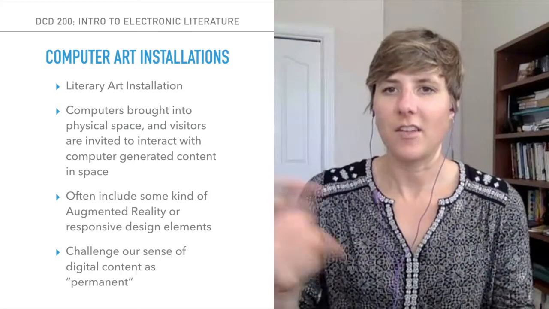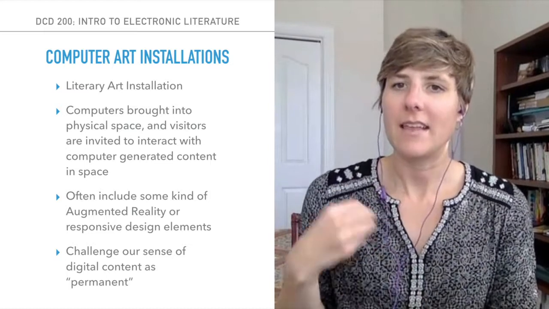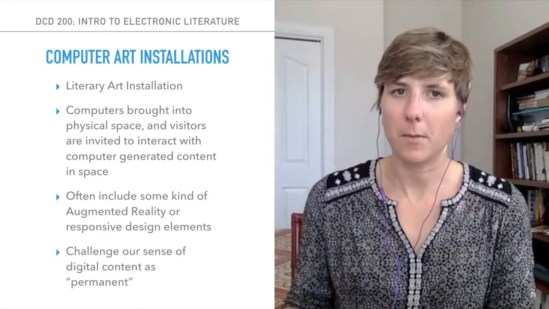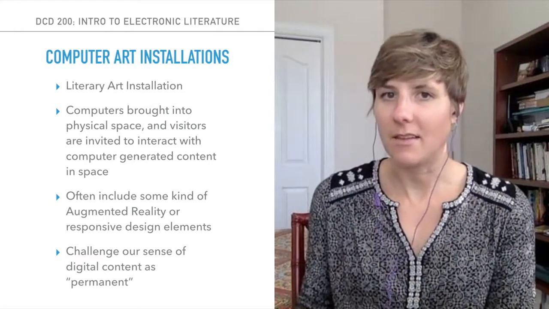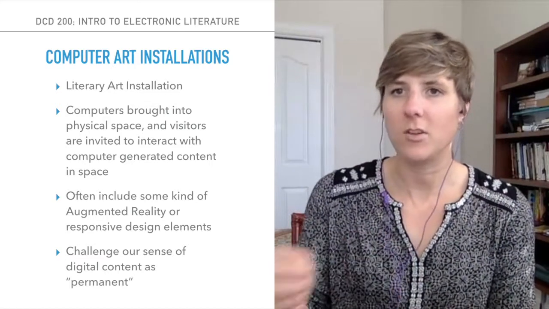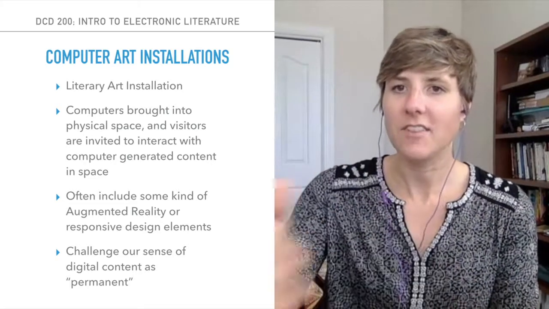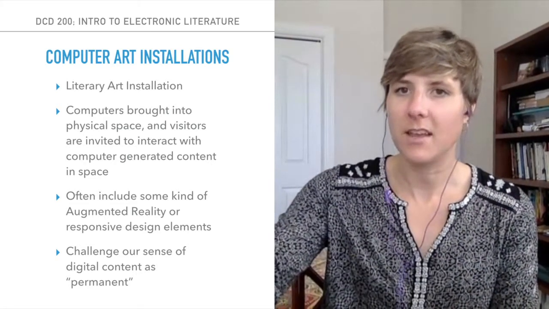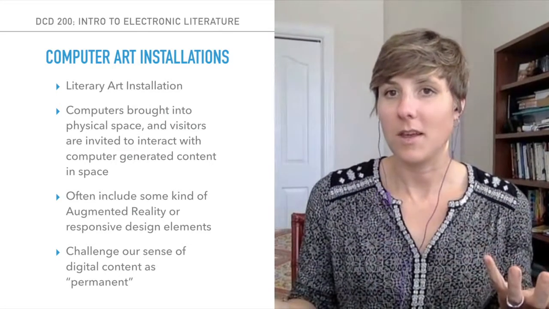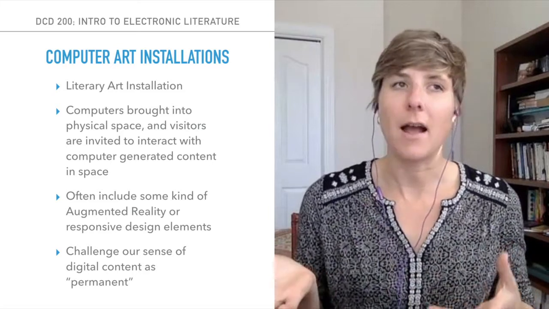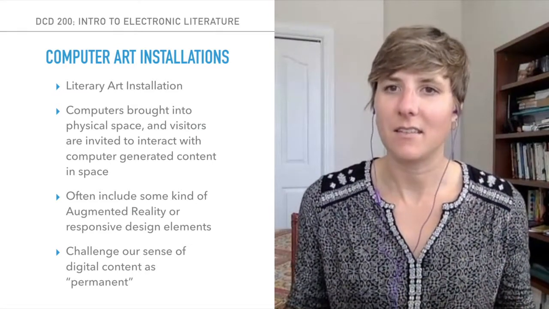And this actually challenges that entire concept that things that we make through a computer are permanent, because installations by definition are time-based. They are performances, which means that they are not happening forever. They have a set period of time that they are installed in a museum or in an exhibit space, and then they're gone. And then you can access maybe records or texts about this installation, but you cannot access the installation again.